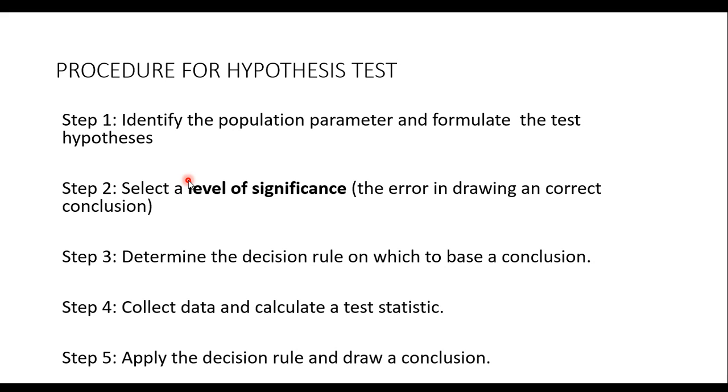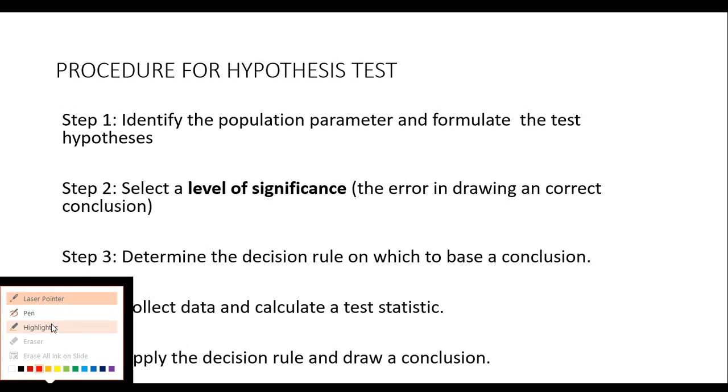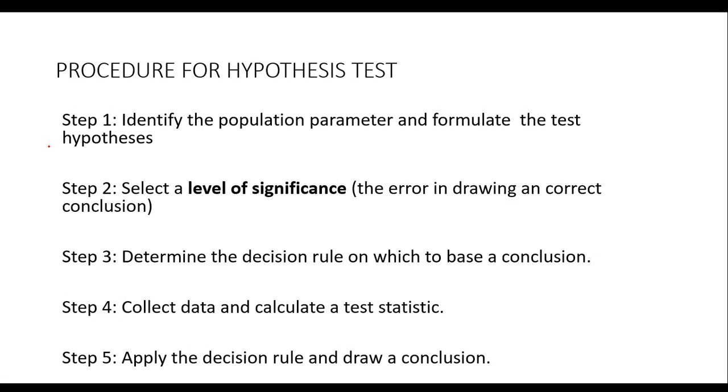So what is the procedure for hypothesis testing? I would say there are 5 steps. First, we identify the population parameter and formulate the test hypothesis. So we ask, what is the population parameter? Is it average height? Is it average weight? Is it average IQ level?